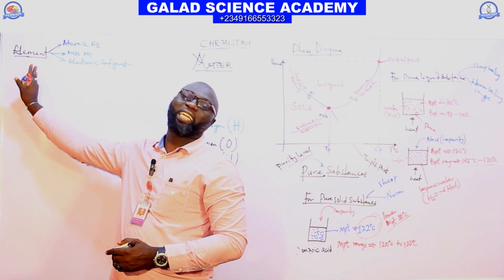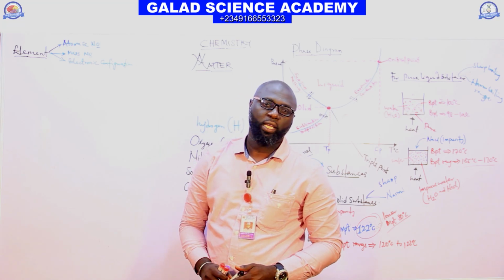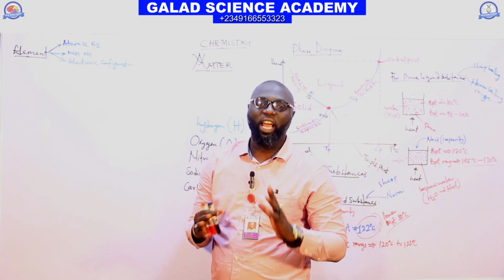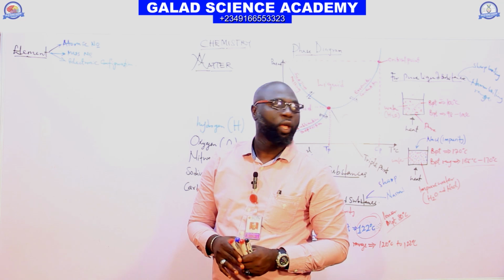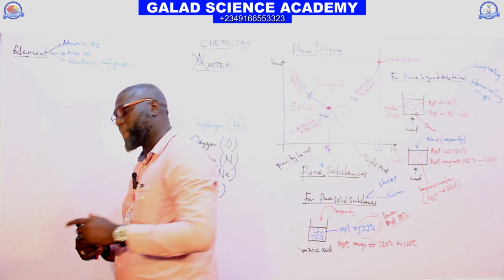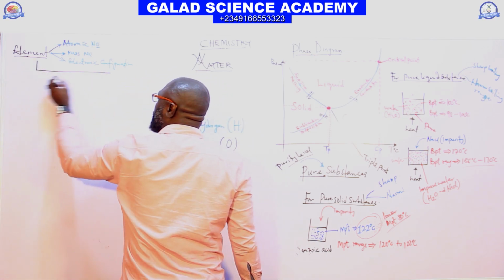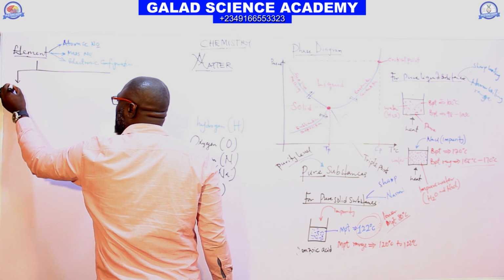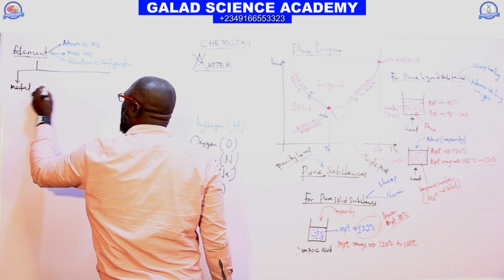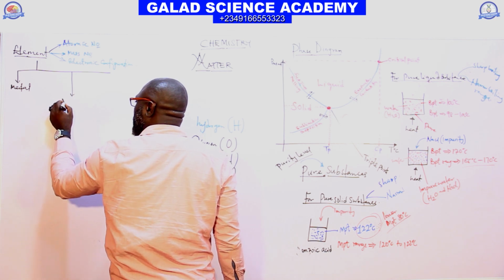And this element can be classified into three parts based on ionization. We can classify element into three parts. The first one, we have what we call metal. The second one, we have metalloid.